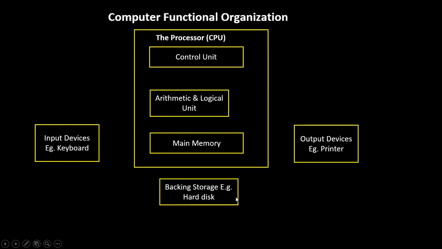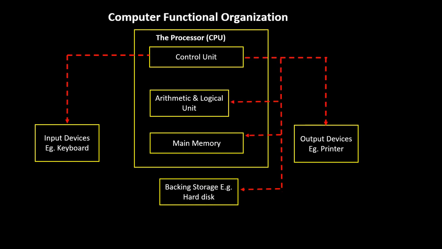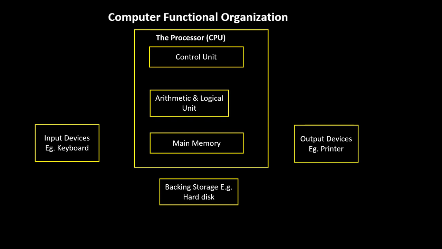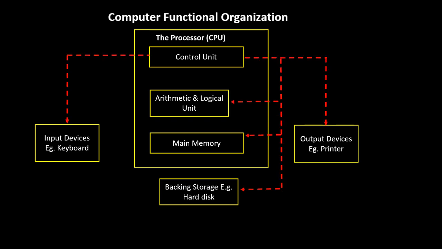Here is the backing storage. We shall look at what backing storages are, but I will also explain it here. Now, look at these arrows. See those red lines. Those red lines are coming from the control unit, pointing to all the rest of the devices. They are dotted lines. Why?